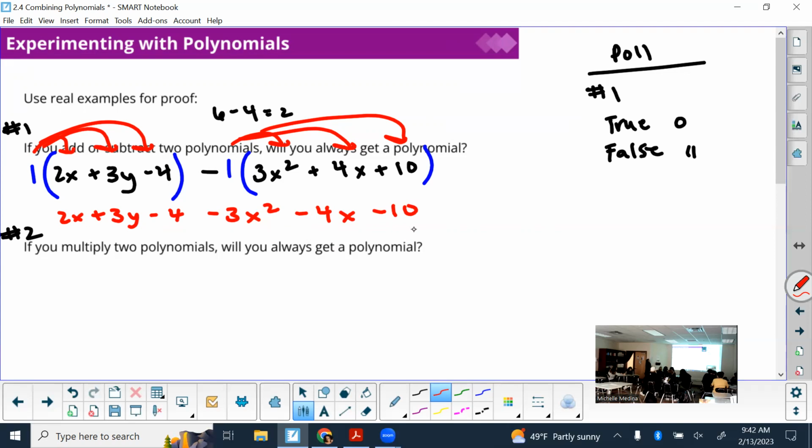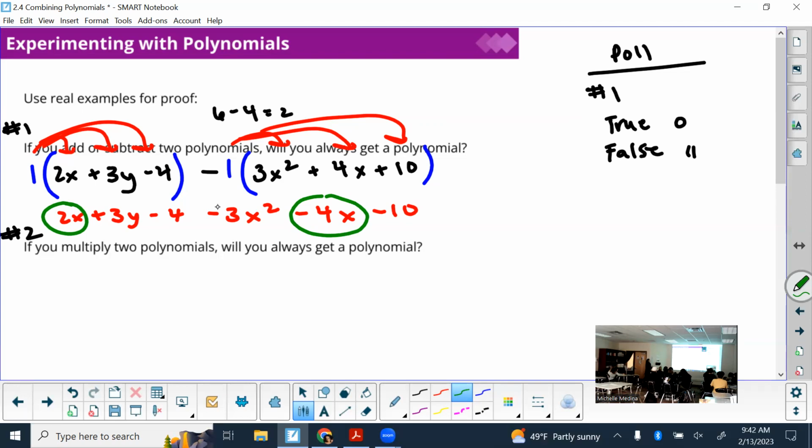But then from there, how do you know what to add together and what to leave? We can only combine terms that are alike, so I can only combine like terms. Can this 2x be combined with anything? What can it combine with? Actually, the negative 4x, because these have this x to the first power.